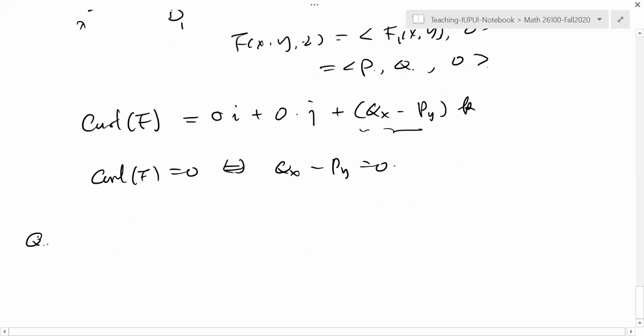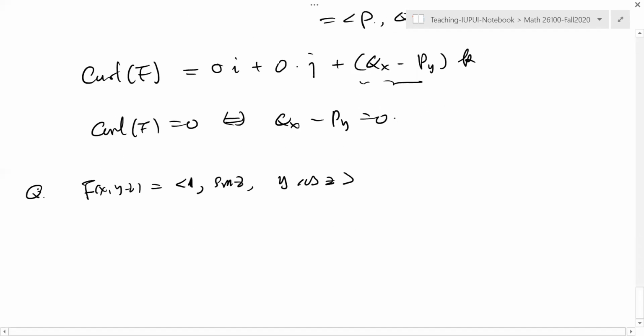All right, so let's look at another example. Okay, let's consider F(x, y, z) to be (1, sine z, y cosine z). So we want to know whether this is conservative or not.